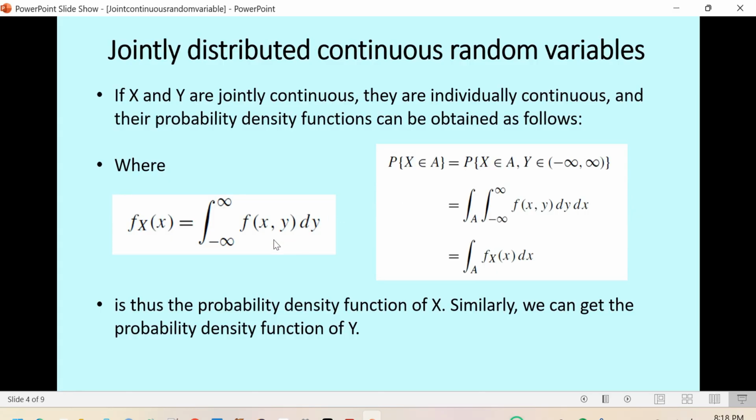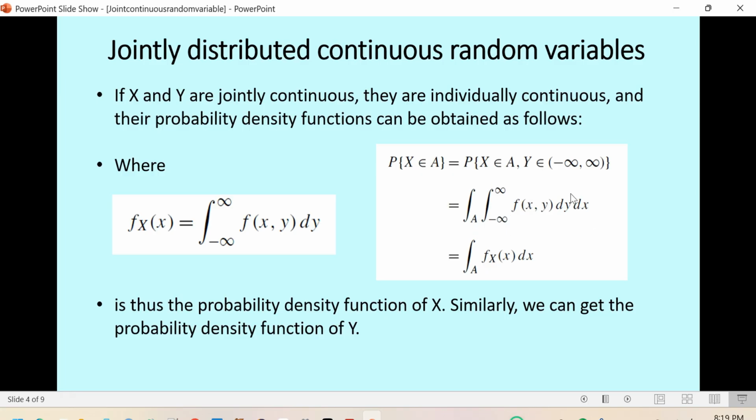Sometimes you will also want to know, for example, only the x probability. In this way, we can integrate one variable out. For example, we can integrate y here using the lower limit negative infinity and the upper limit positive infinity.